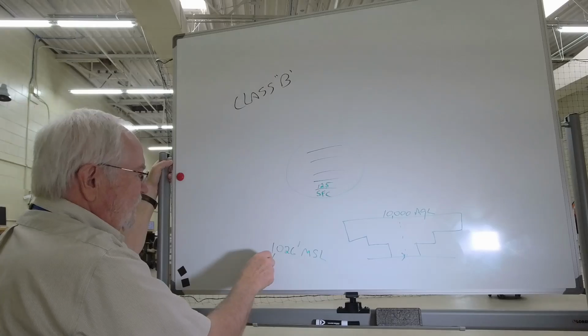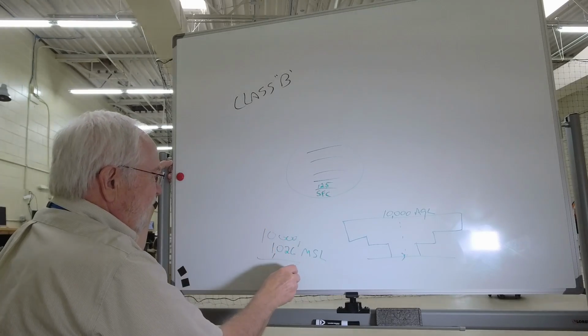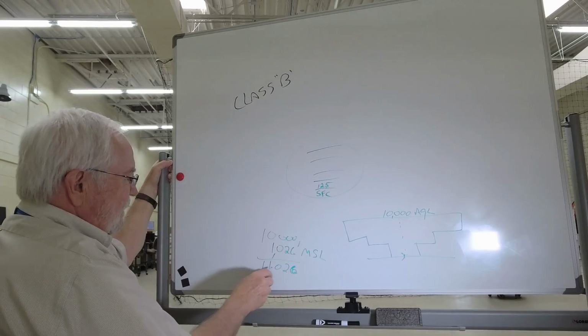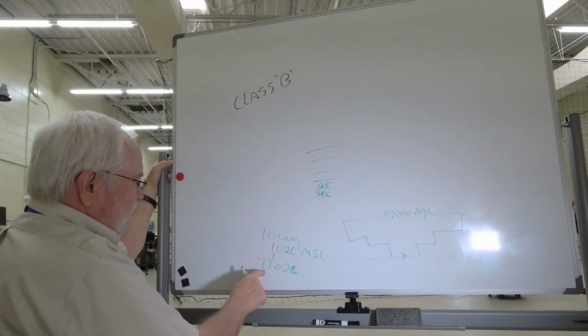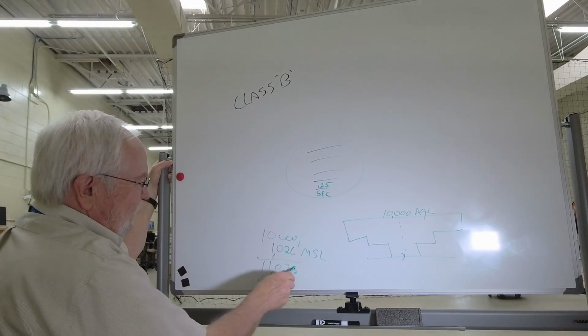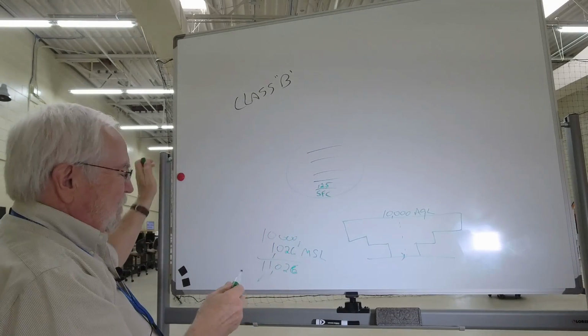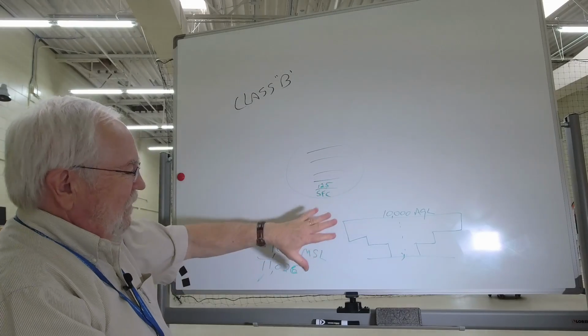So they add 10,000 feet to that and come up with 11,026 feet. They rounded up to 12.5 just to be safe. Okay. So that's the idea basically on these things.